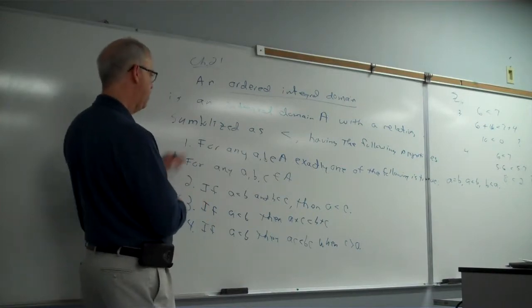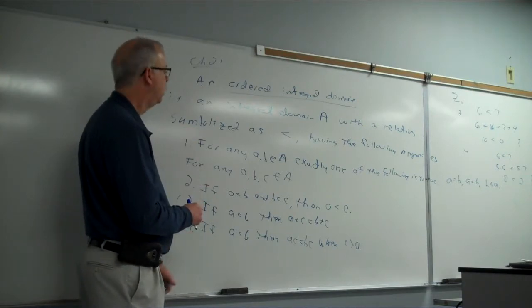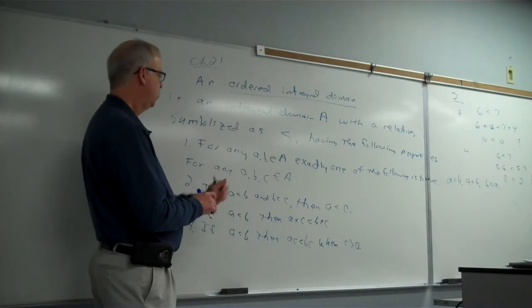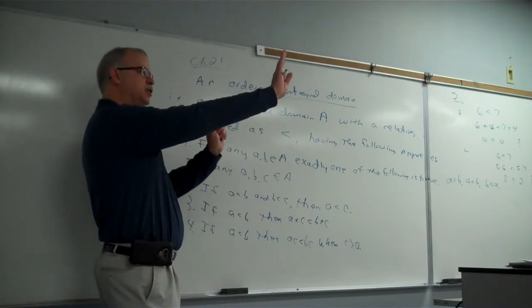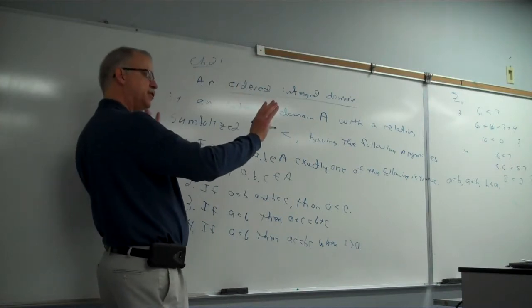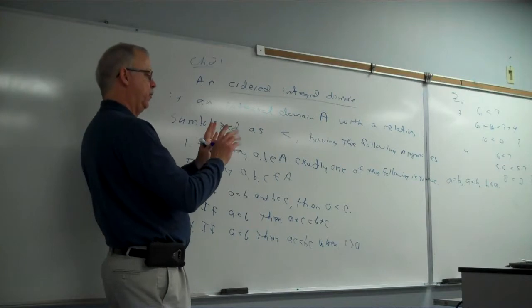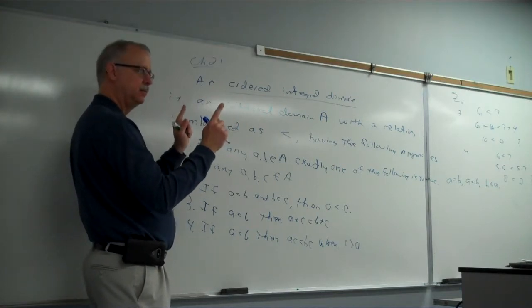Because I think, I don't know that we'll get into this, but I think if there is an order, you've got sort of 0, you've got your positives that are bigger than 0, and your negatives that are less than 0. And a number and its additive inverse have to be on opposite sides.